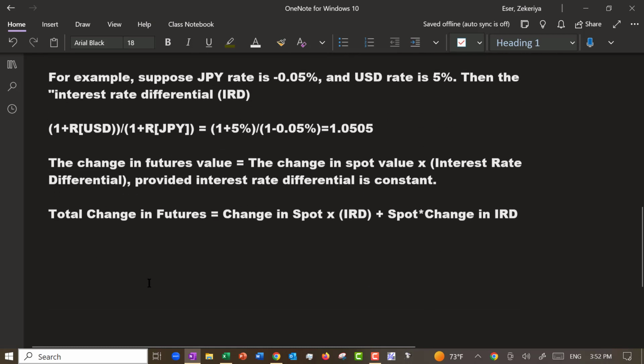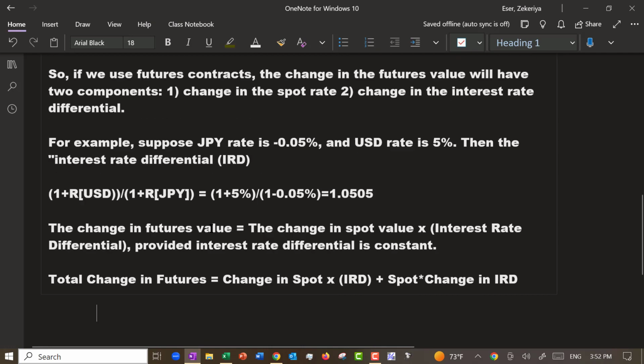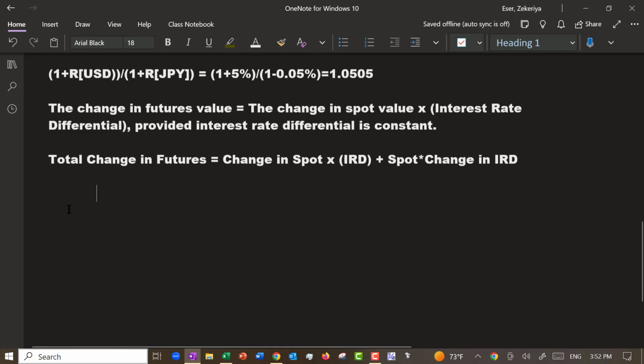It's kind of normal, because remember, futures is spot times IRD, right?